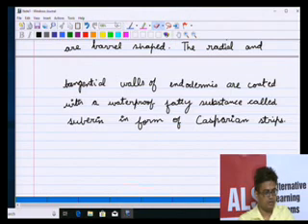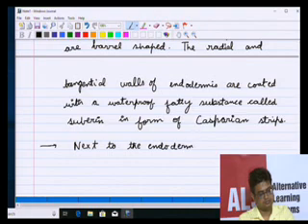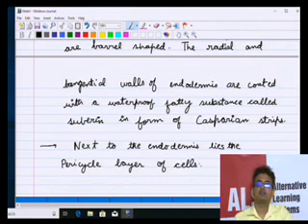Okay, alright, so carrying on. In the form of Casparian strips, next to the endodermis lies the pericycle layer of cells. The cells of pericycle are also parenchymatous, and they may be many layered in thickness.